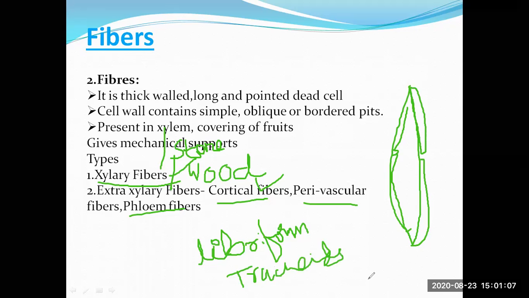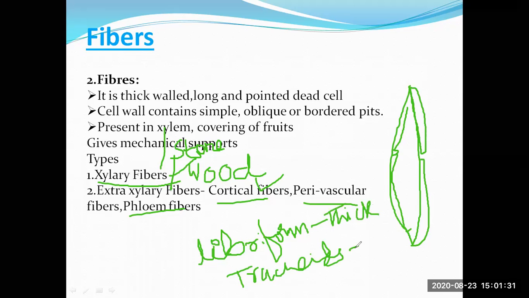Xylem fibers are again classified into libriform fibers and fiber tracheids. The libriform fibers are characterized by a very thick secondary wall and simple pits. Thick secondary wall and simple pit is the character.